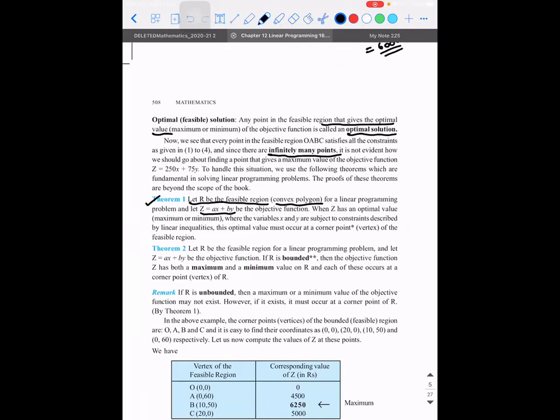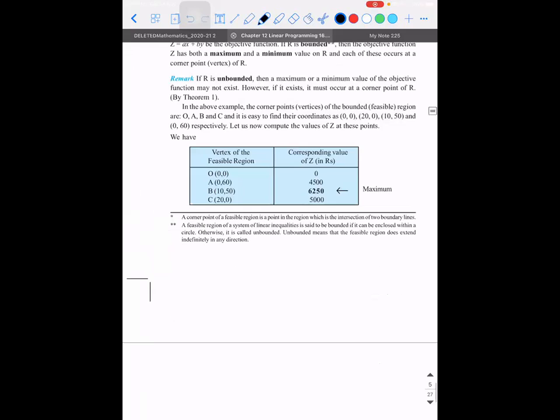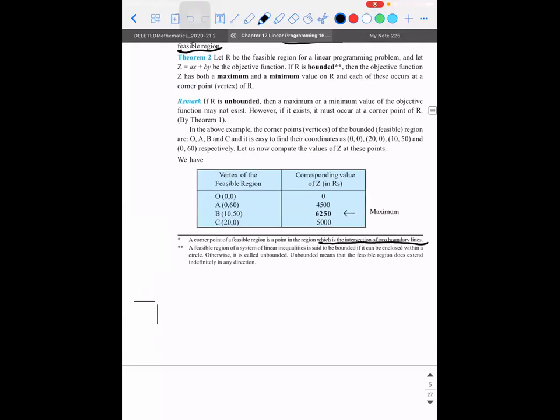When Z has an optimal value, that is maximum or minimum, where the variables X and Y are subjected to constraints described by linear inequalities, this optimal value must occur at a corner point of the feasible solution. So what do we mean by corner point? Corner point of the feasible region is a point in the region which is the intersection of the two boundary lines.